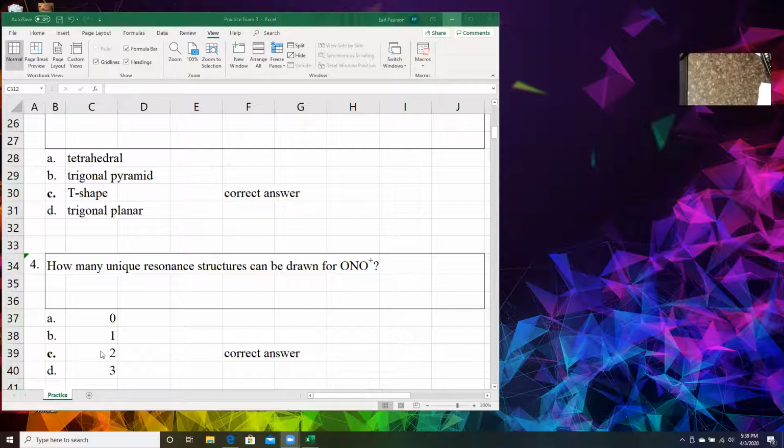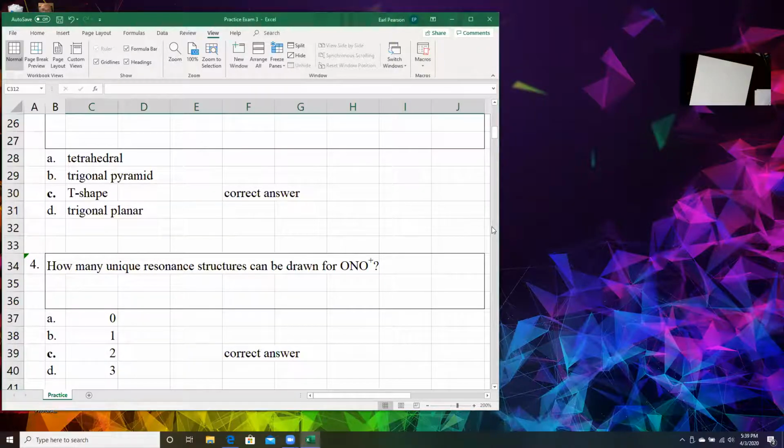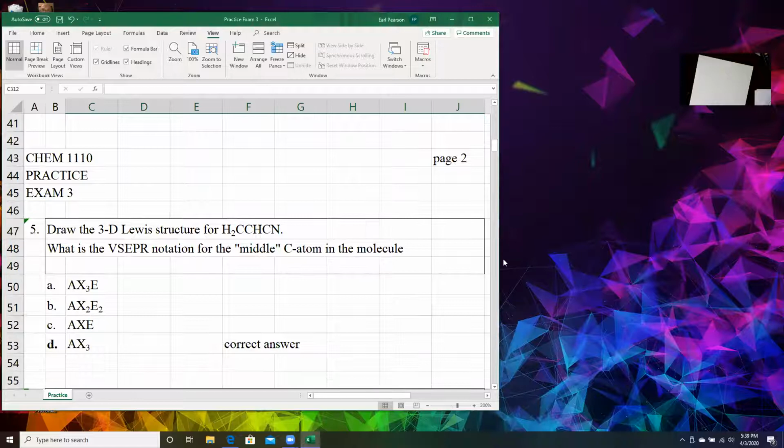Okay, moving right along. Now, we're going to number 5. And we want the resonance structures, 3D resonance structures for this molecule that's shown on here. And then we're going to answer some questions about it. So the molecule is H2C-CH-CN.